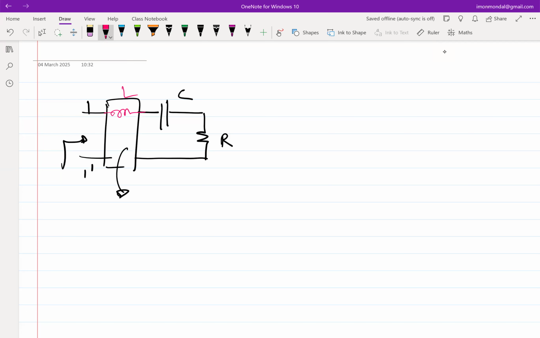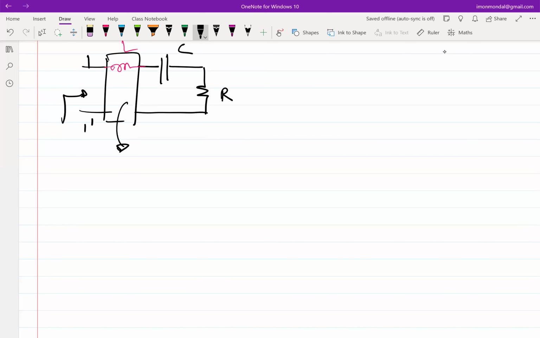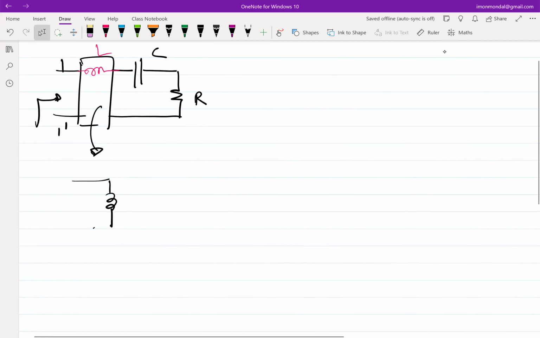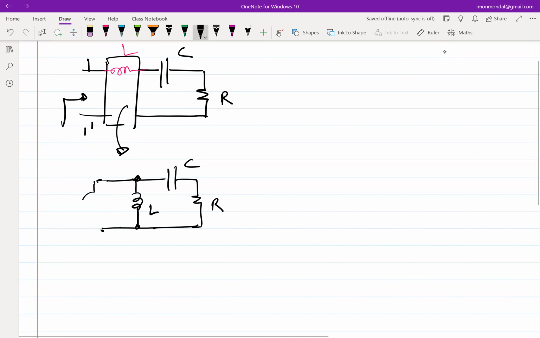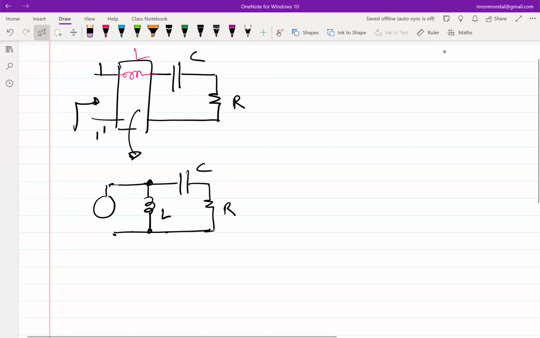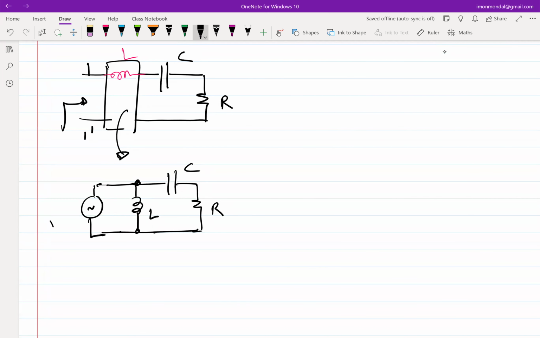Now I'll do an analysis. So let's do the analysis. What I'll do, I'll apply a V-test and then find out I-test, the same old, same old.